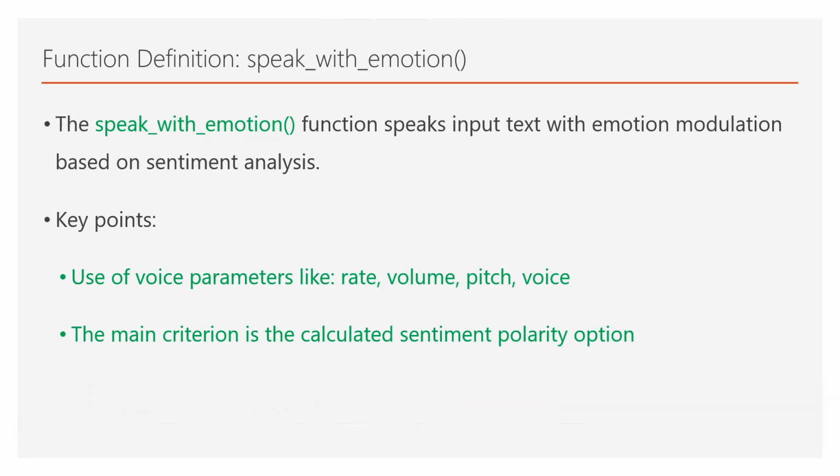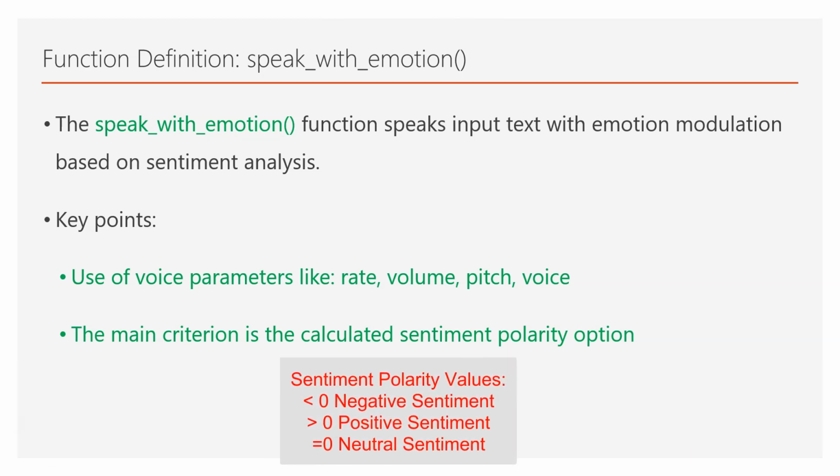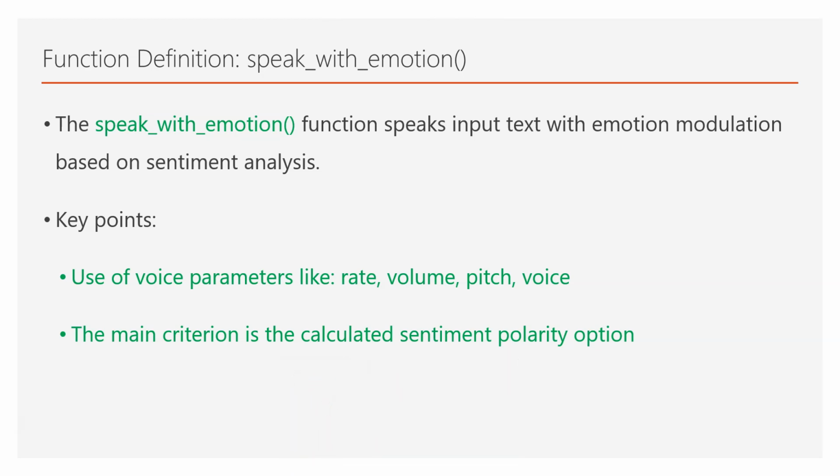So the polarity score typically ranges from -1 to 1, where negative values indicate negative sentiment, positive values indicate positive sentiment, and 0 indicates neutral sentiment. So I use this score in my code in order to properly set different voice parameters, thus being able to express sympathy or excitement or give back a neutral response.